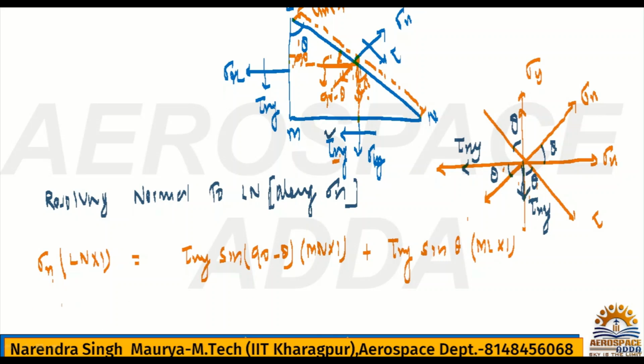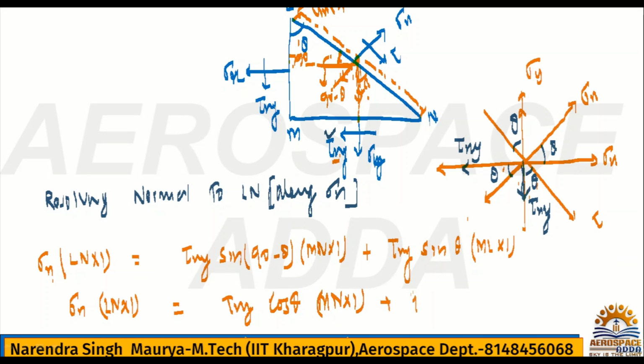So definitely sigma n ln into 1 is equal to tau xy sine (90 minus theta), which is nothing but cos theta, mn into 1, plus tau xy sine theta ml into 1.